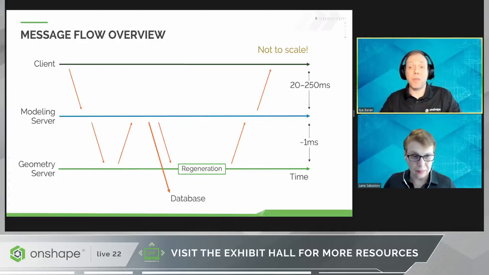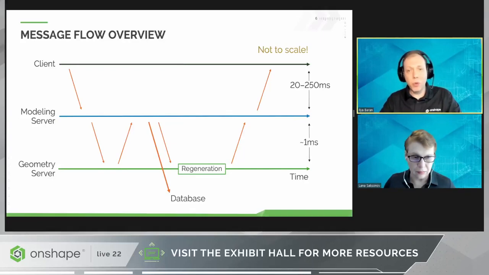The modeling server and the geometry server always live in the same data center, so the latency between them is vastly smaller. The second thing you can see is that the modeling server saves your edit to the database at the same time as the geometry server regenerates the fillet. This happens automatically, and this is why you don't need a save button in Onshape and why you don't lose data.